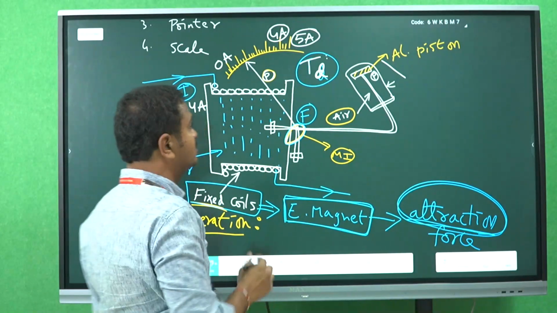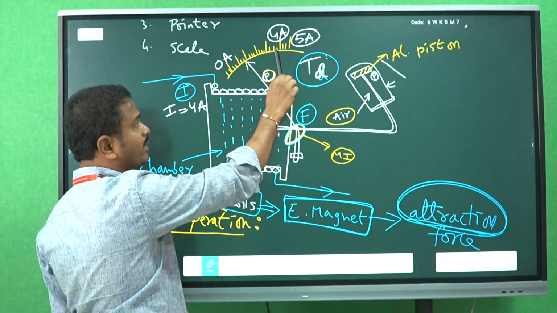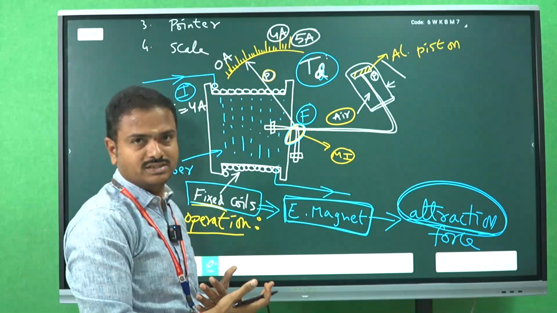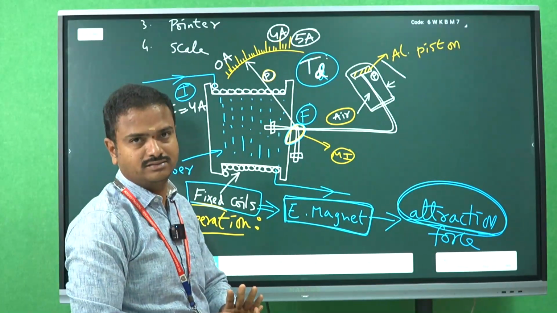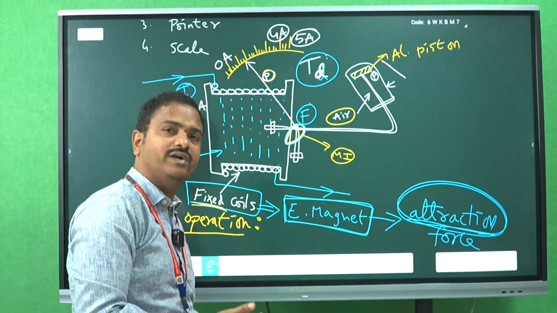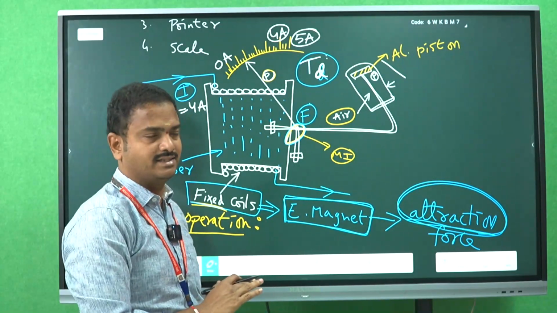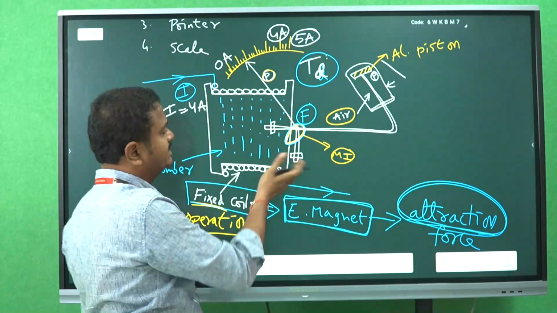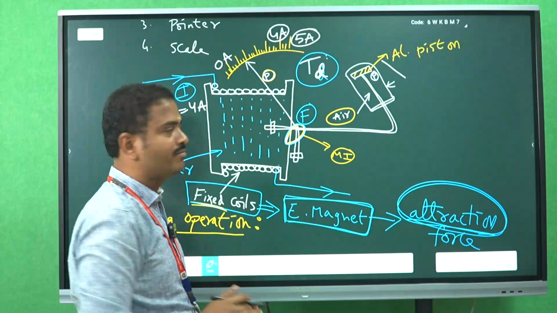So the pointer should stop at 4 amperes only, not more than that. For that we need an opposite force, nothing but controlling torque. Clear? Controlling torque is provided by the control springs. The control springs are connected here, at the back side of the chamber. Clear?